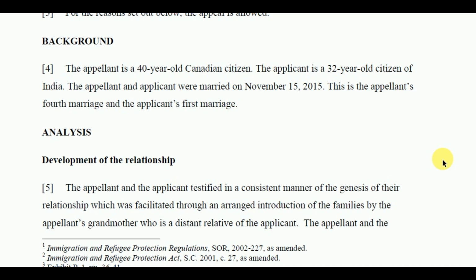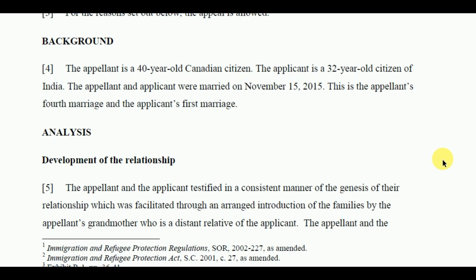Now, in the spousal application, the visa officers review the genuineness of the marriage based on different factors. They look at the development of the relationship, the supporting evidence, the financial aspect, the common culture and beliefs, and there are so many other factors, so we're going to look at them one by one here.